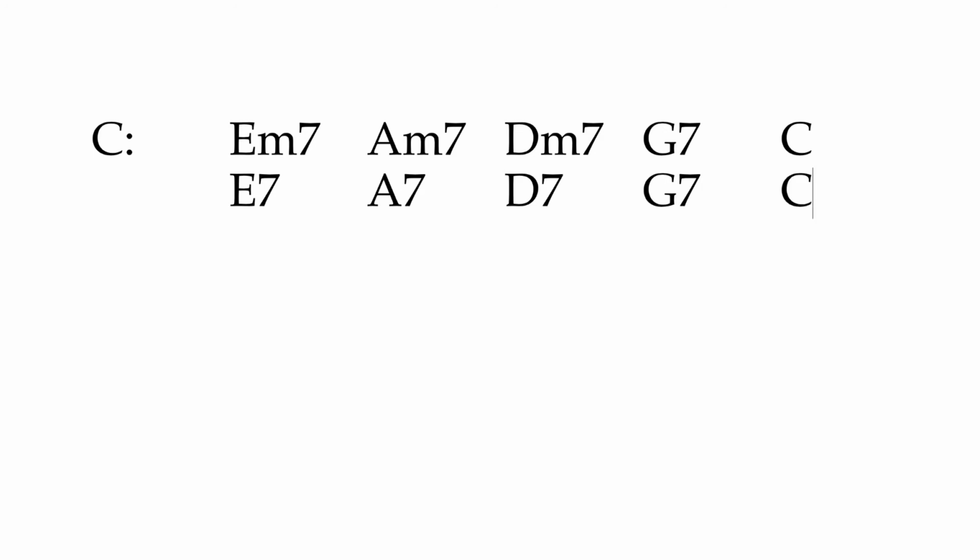Okay, as you already know, the 5 and 7 have the same function, both are dominant chords. So, instead of E dominant 7th, I can also use the leading tone chord.